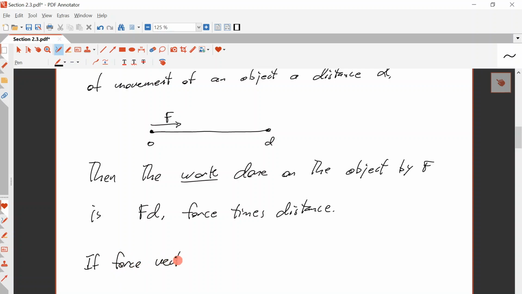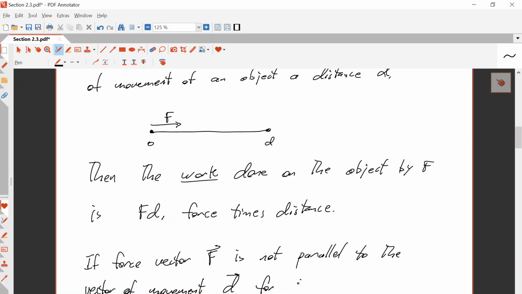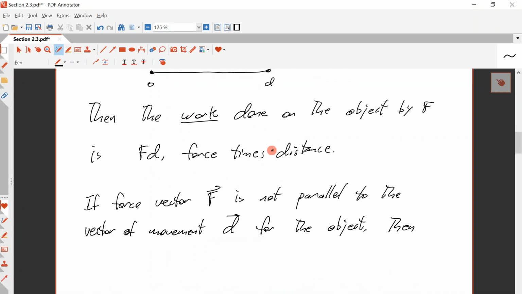All right, so if force vector F is not parallel to the vector of movement d for the object, then it is only the component of F in the direction of d that contributes to the work.